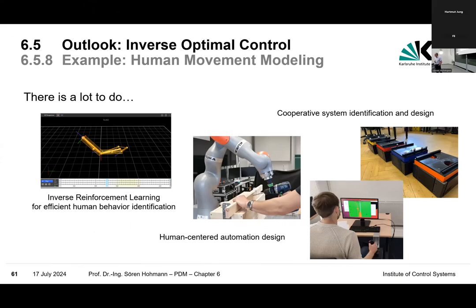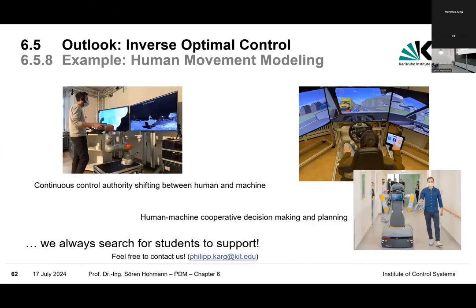Obviously, it's necessary to understand the human's movement. So if you're interested in that, please feel free to contact us. And one project I've not mentioned here: you have a situation where a patient is guided from one operation theater or some practical help from one room to another by means of a robot.